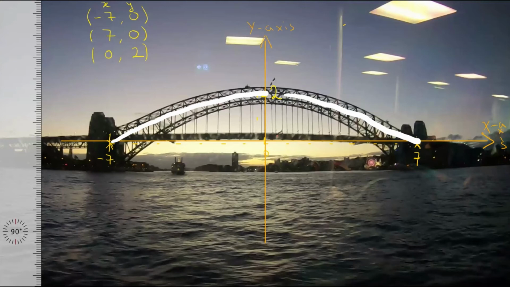All right, and now our aim is to find this equation, or possible potential equation that can represent this quadratic function. To find the quadratic model, there are 3 types of quadratic models. I'll write them on the right hand side.